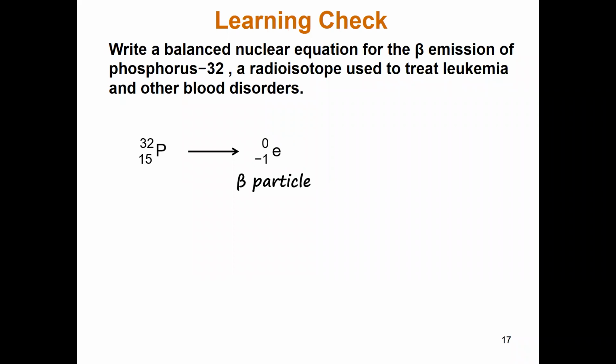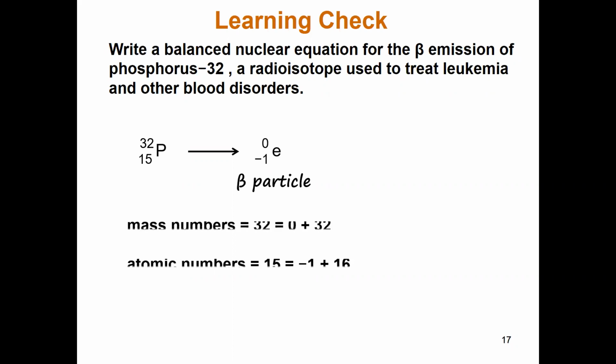So the mass number will be 32 for the new nucleus. For the atomic number, we have -1 on the right. So that means we need one more for the atomic number of the new element, so that -1 will make it 15. So that means it's 16.